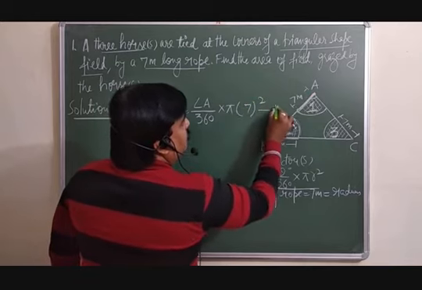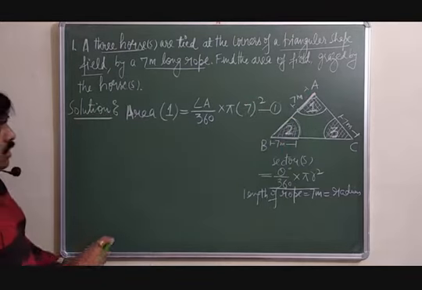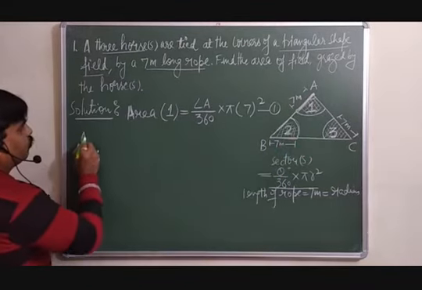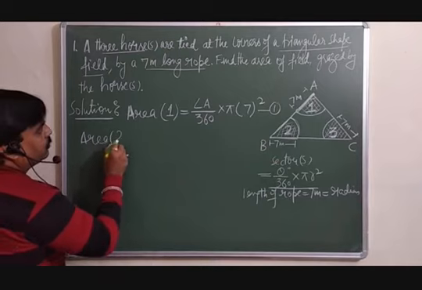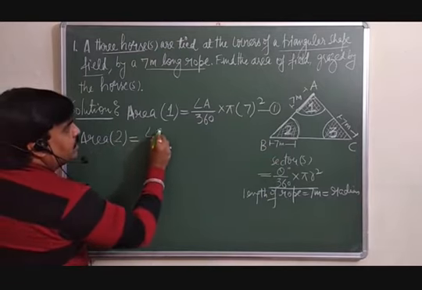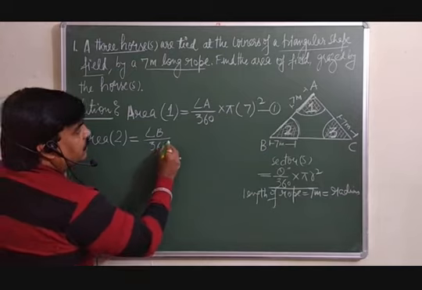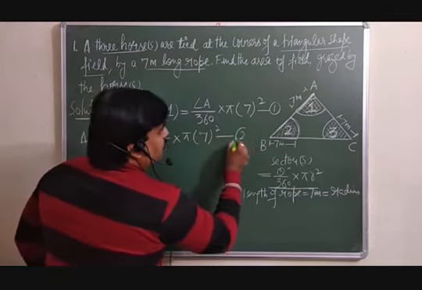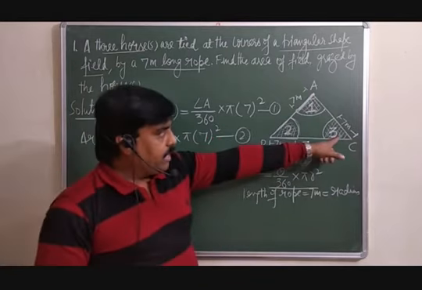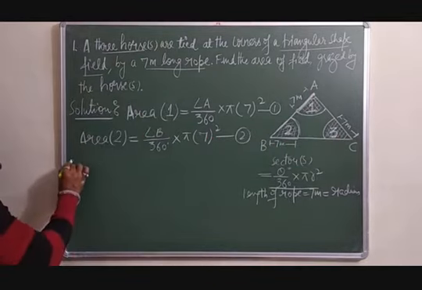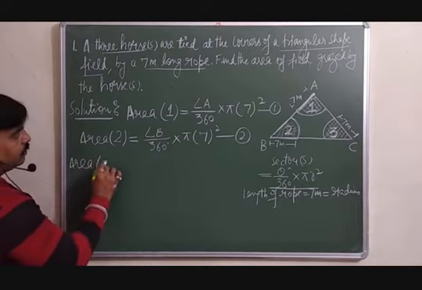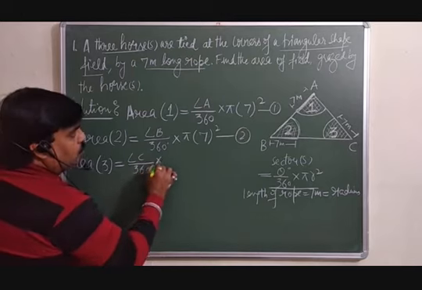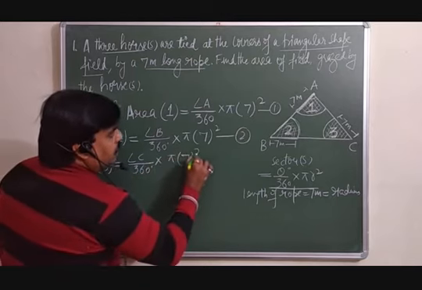This is 1. Similarly the area of portion 2 will be equal to angle B over 360 into pi into 7 whole square. Similarly the area of portion 3 is equal to angle C over 360 into pi 7 square.